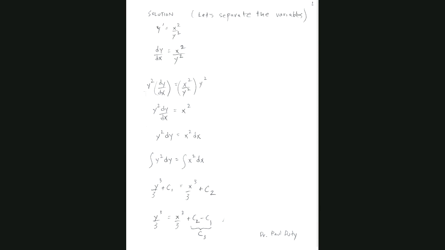When you were first introduced to the derivative in calculus 1, dy dx is the slope, and the slope is the change in y over the change in x, right? How many have seen this from calculus 1?